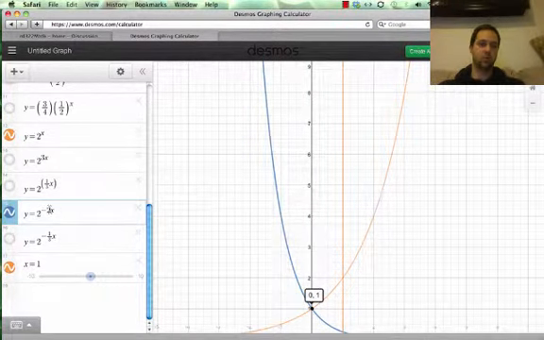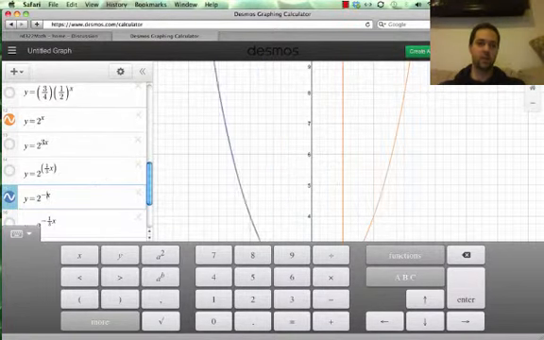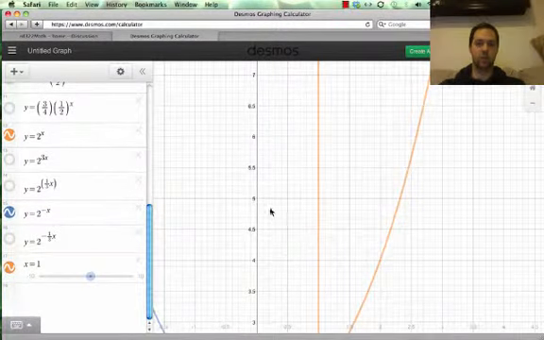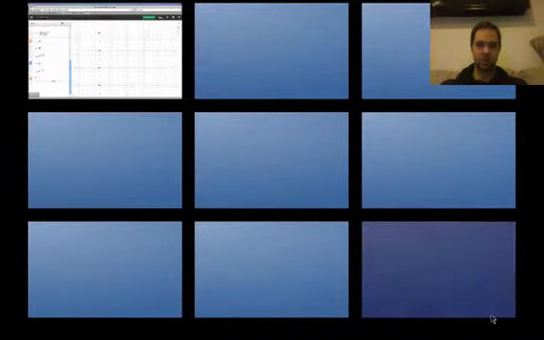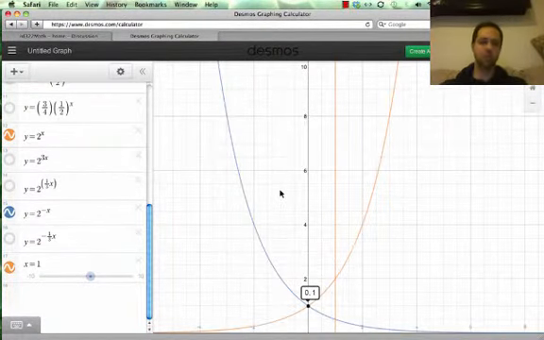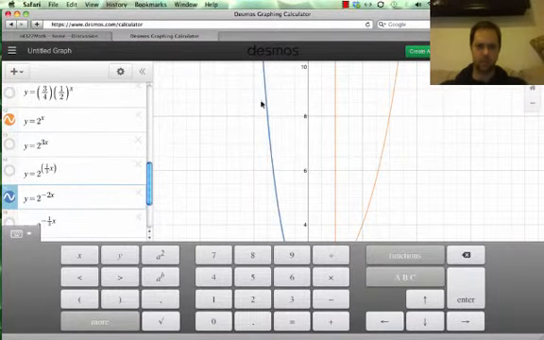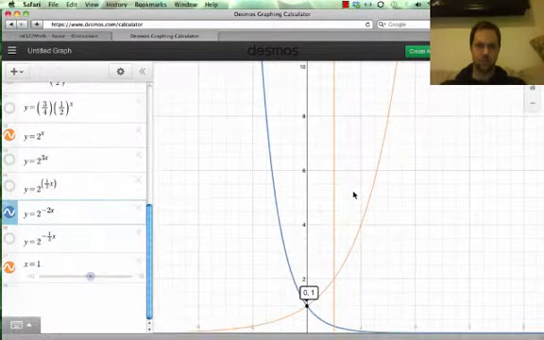Of course, we also applied a stretch, so it's not a perfect reflection in this case, but if we took away that 2, you see now that it is a perfect reflection. Whoa, what are you doing to me here? Oh, you're killing me. Okay, so now you see that it would be a perfect reflection. But let's put that 2 back and see what we've got going on here.